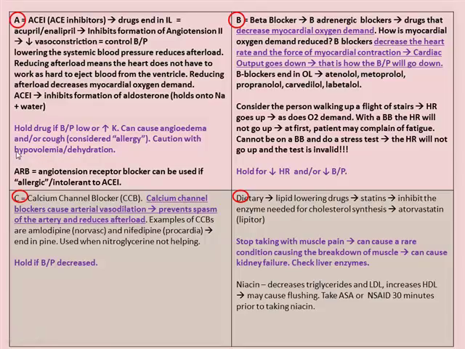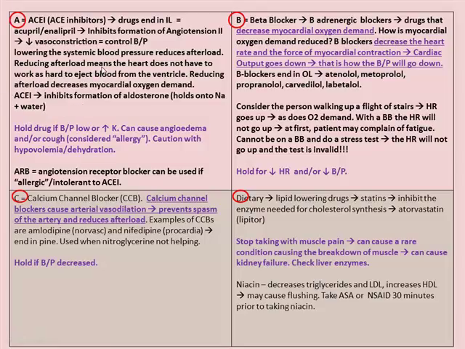So this could cause them to be a little bit more profoundly dehydrated and their blood pressure can go down. And that's not a good thing to have low blood pressure and be on an ACE inhibitor. Again, you would hold the drug if the blood pressure was low, and these individuals do not want to become hypovolemic or dehydrated.